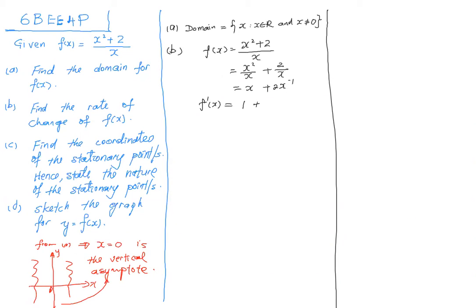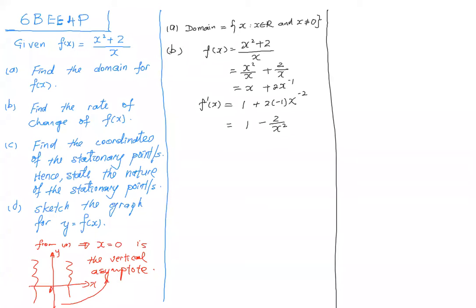Yeah, so if you are not very sure, just write down the formula. So you get 1 minus 2 over x squared. You get me? So you are done with part B.